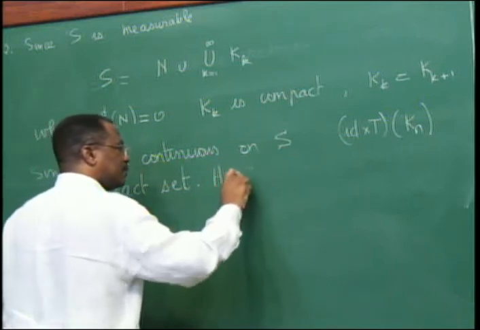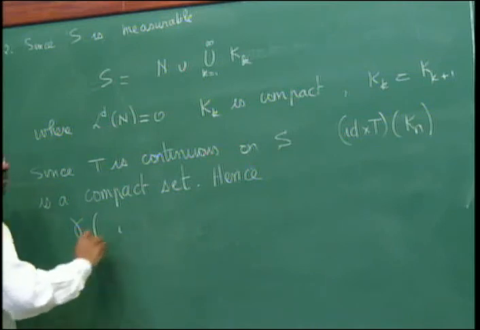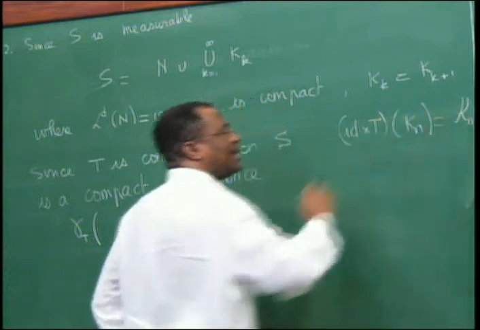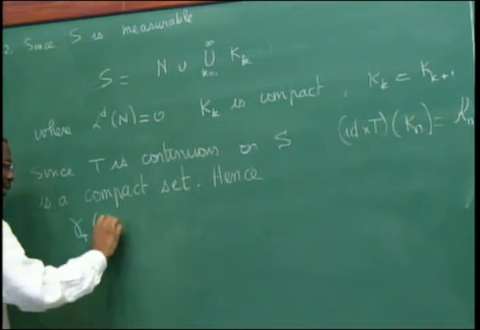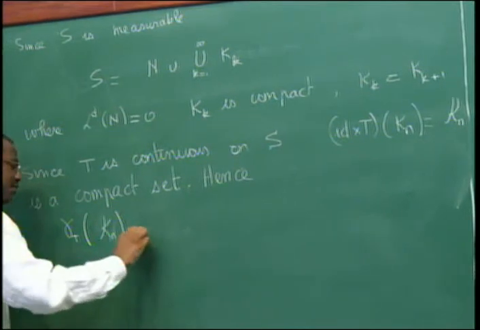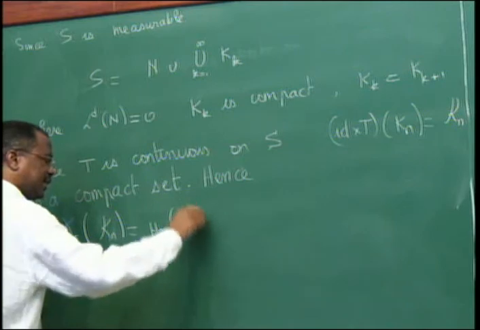Hence, if I write gamma_T of identity cross T applied to K_n, let me call this calligraphic K_n. This is mu_0 of K_n.